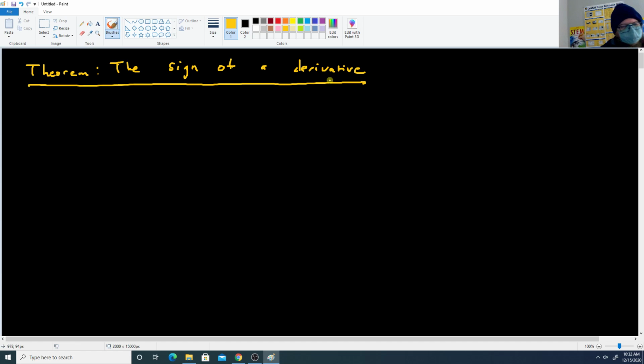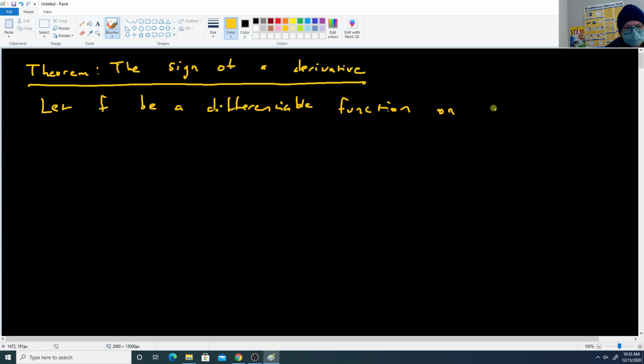So for this theorem, we're gonna let f be a differentiable function on an open interval a to b. Then we get two things.